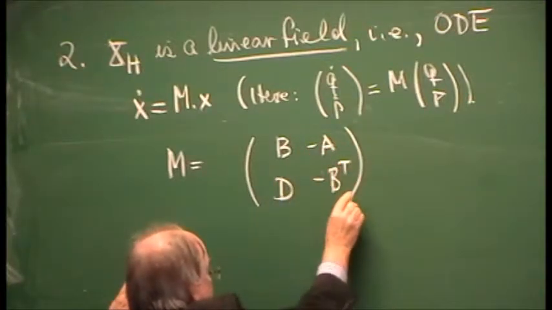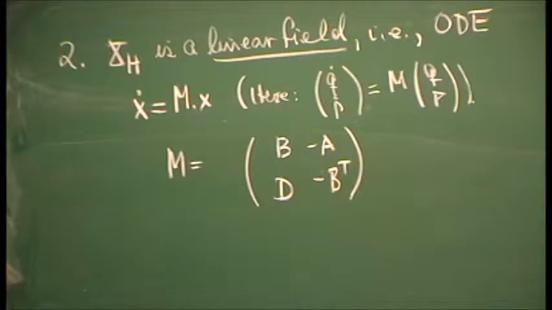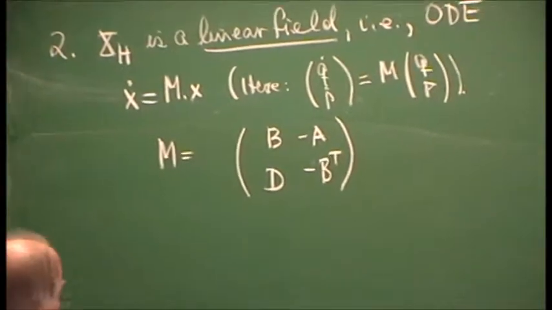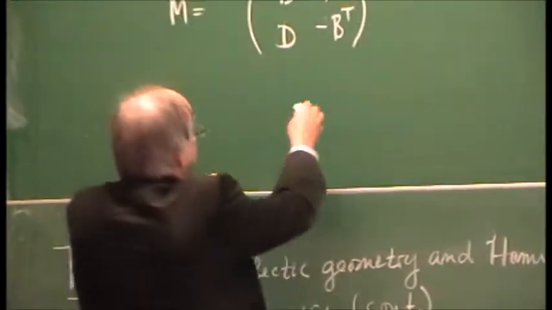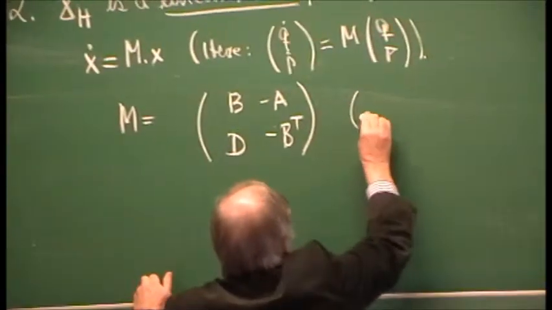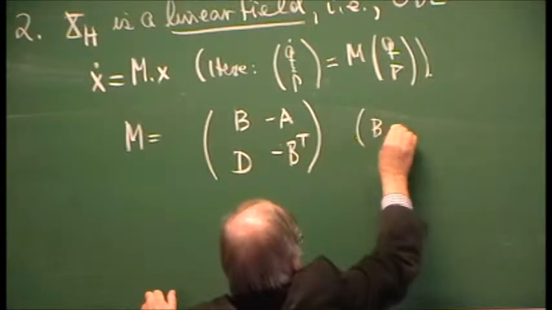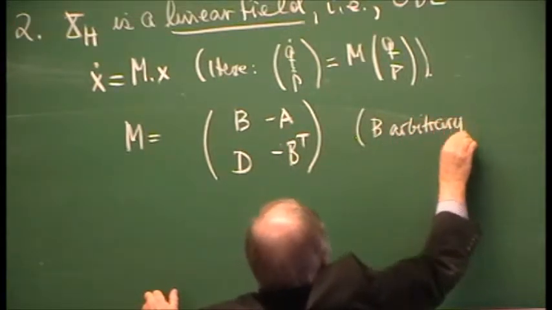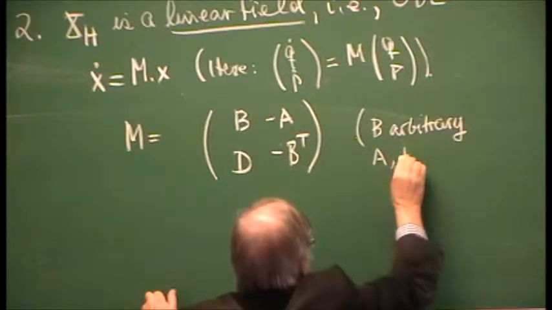Thank you, that's what I was thinking. Well, you just have to do it out, and you did, and you know it. So this matrix has obvious conditions. I again reiterate this: B is arbitrary, and A and D are symmetric.